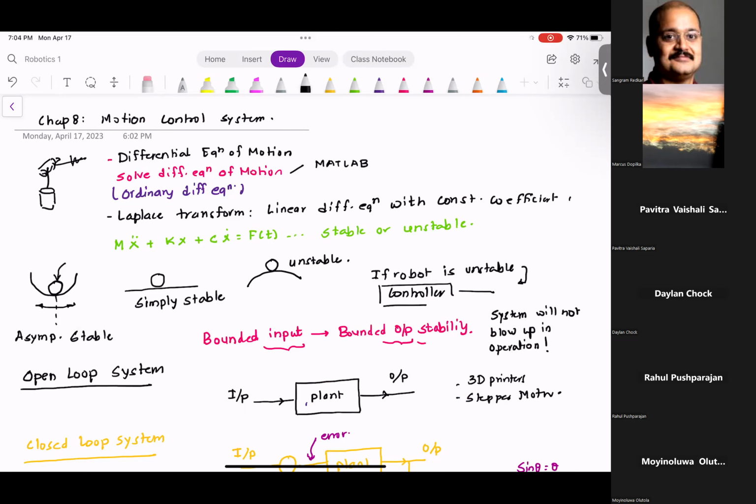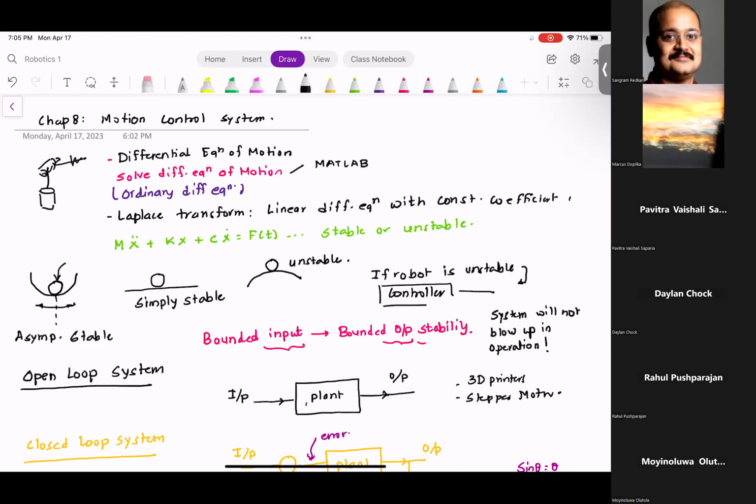When we talk about stability, we want to understand if the robot is stable on its own, or we want to add some external controller to stabilize the robot. And depending upon the system dynamics, the robot could be asymptotically stable, simply stable, or unstable.